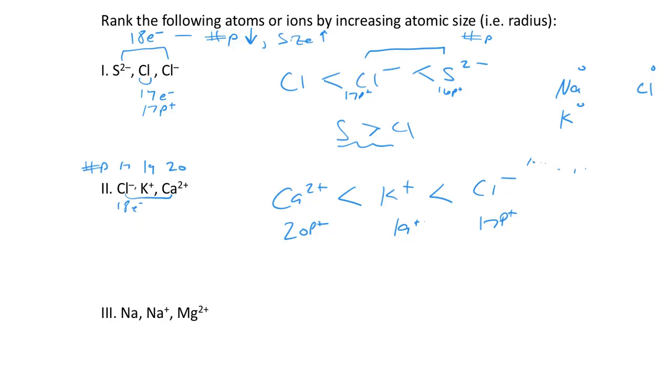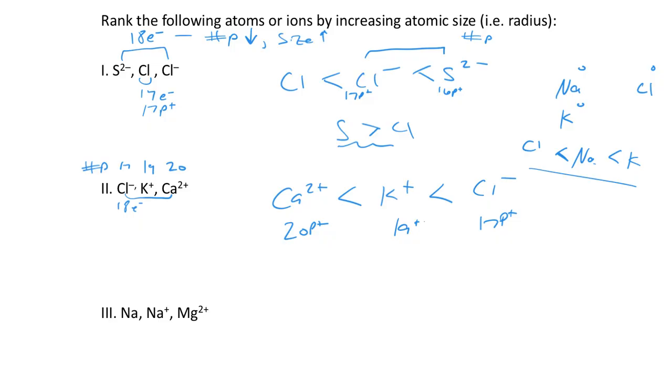Let me move this over here so I have a little more room to write. So K is going to be the biggest compared to sodium. And then when I think of the size of chlorine, left to right size decreases because of the effective nuclear charge. Chlorine experiences a greater charge, so it's going to be smaller. Chlorine is the smaller atom compared to sodium. So without charges, this is the kind of ranking I would get.